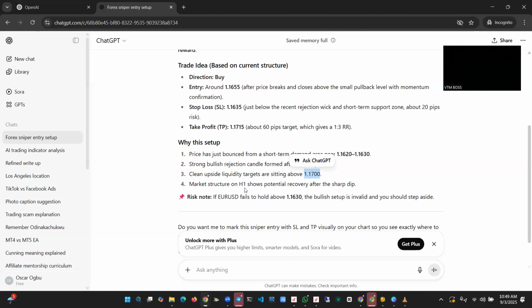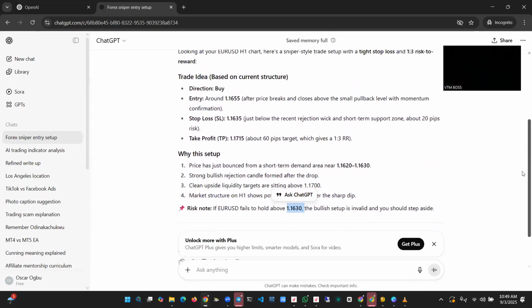Market structure on 1 hour shows potential recovery after the sharp drop. Can you see that? Risk note: if EUR/USD fails to hold around this, it's giving you explanation, the bullish setup is invalid and you should step aside. Can you see this? Okay. Can you see this?